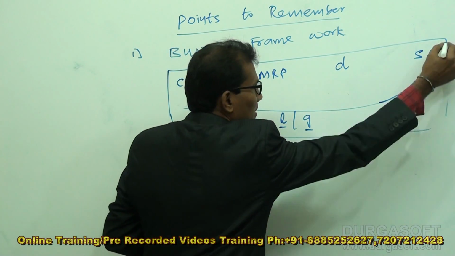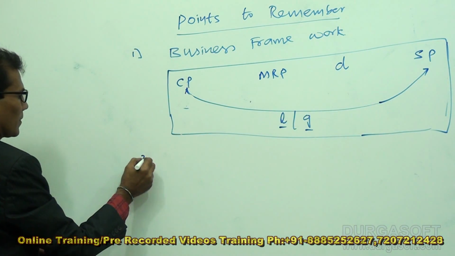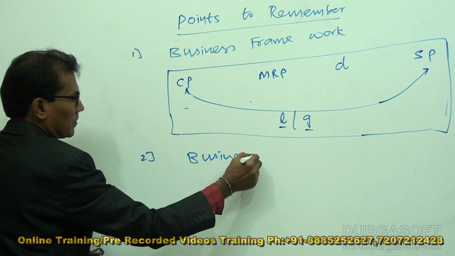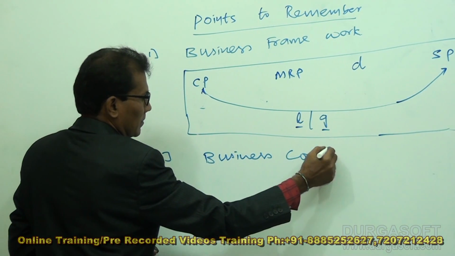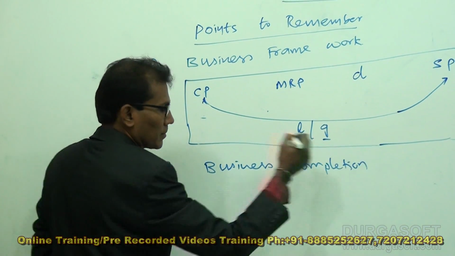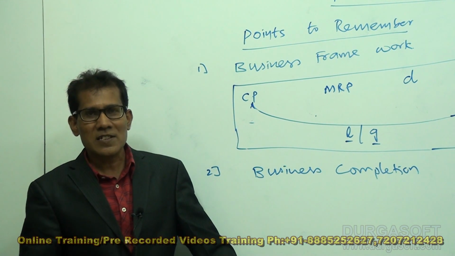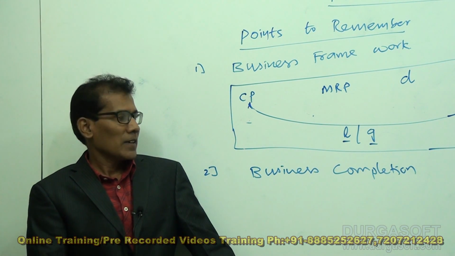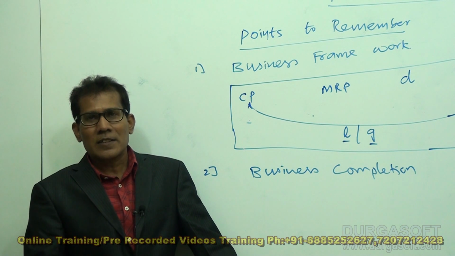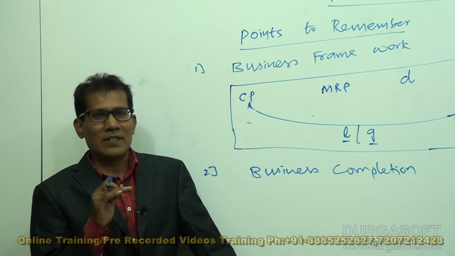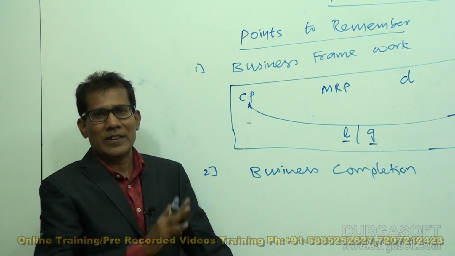And the second one is business completion. The second point is business completion. What is meant by business completion? It is nothing but the number of articles bought must be equal to the number of articles sold.